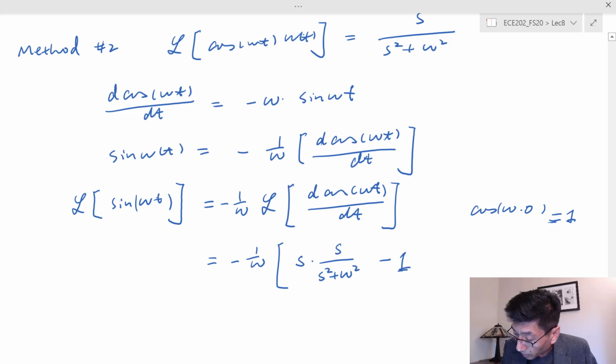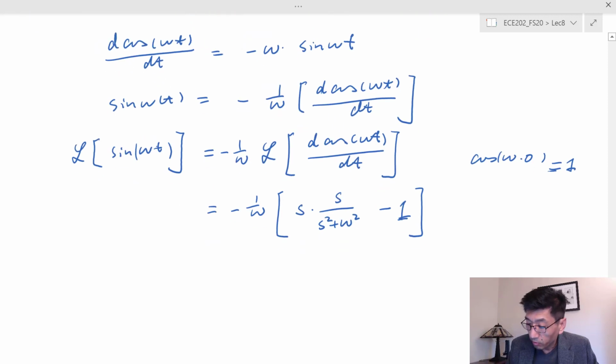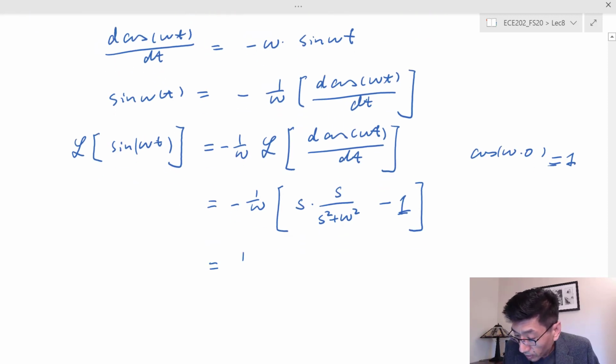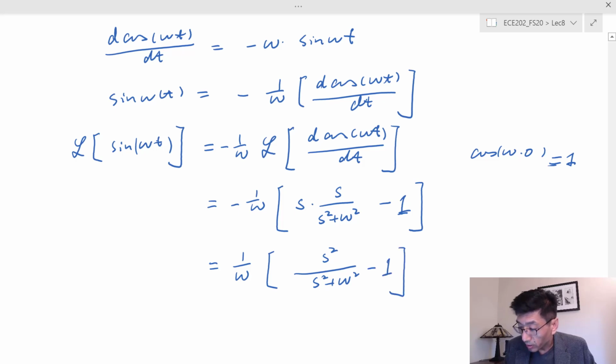So I'm minus 1 here, so therefore I have 1 over omega times, so I have s squared plus omega squared, and I have s squared on the numerator minus 1. So therefore, in this case, I will get s squared times a negative here.